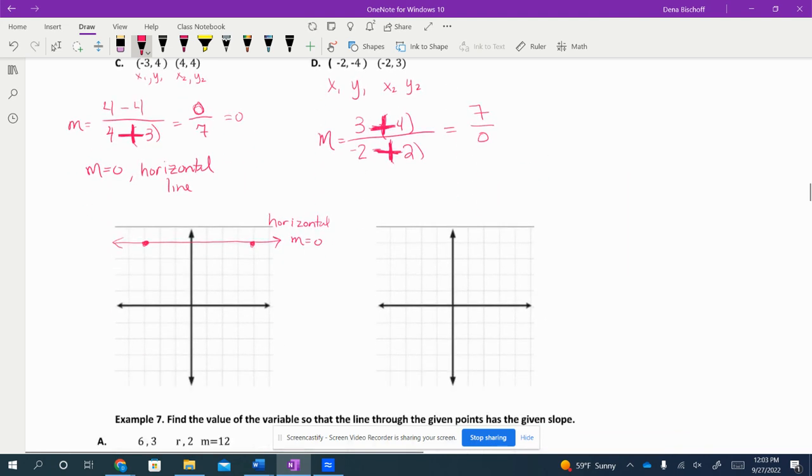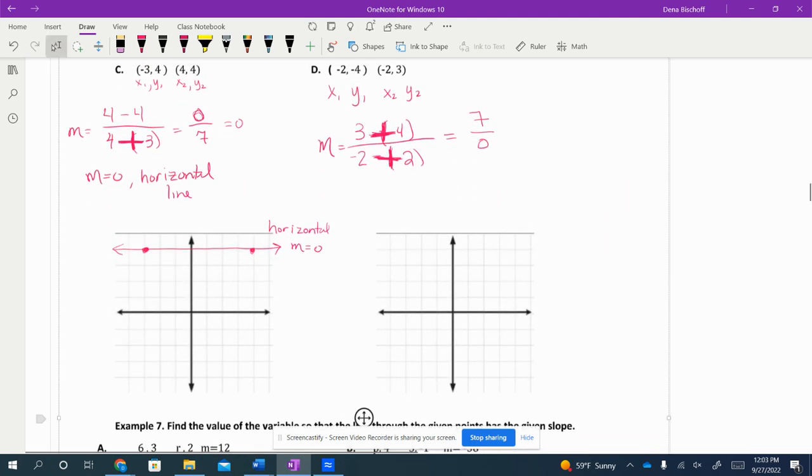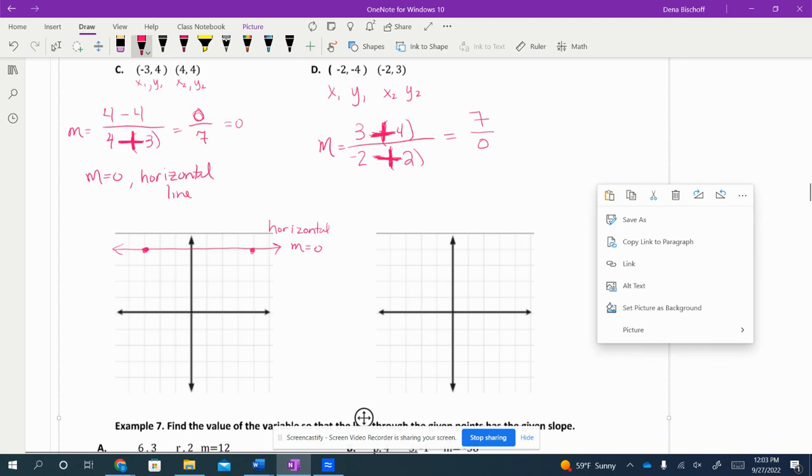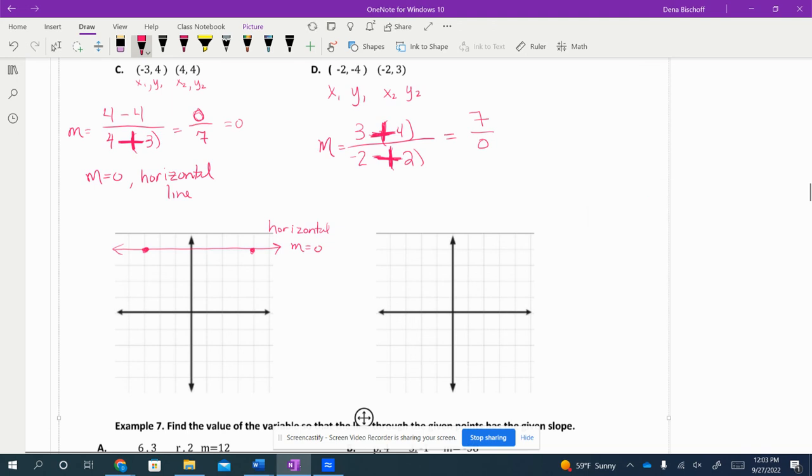What's that going to reduce to? 7 divided by 0 is not 0. Who's got a calculator? Someone take 7 divided by 0 on your calculator and tell me what you get. It says error. Yeah, you can't divide by 0. That violates the law. Look at what kind of a line we get. What kind of a line is that? It's a vertical line.